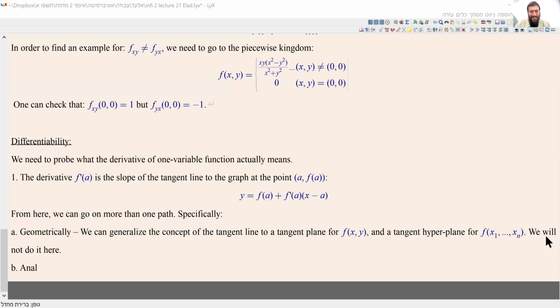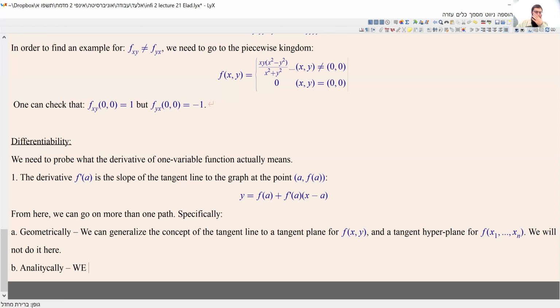It's A-N-A-L-Y. There's a Y after L. That's how I write it down. This is the way.